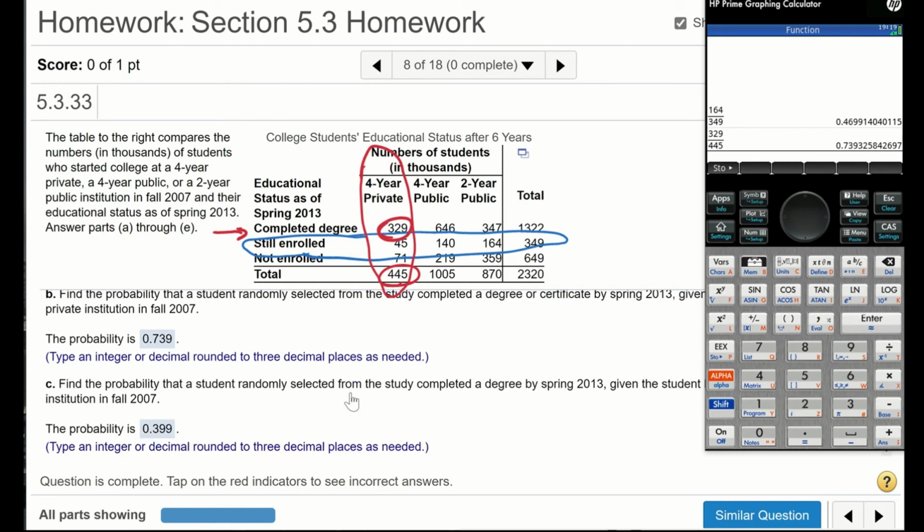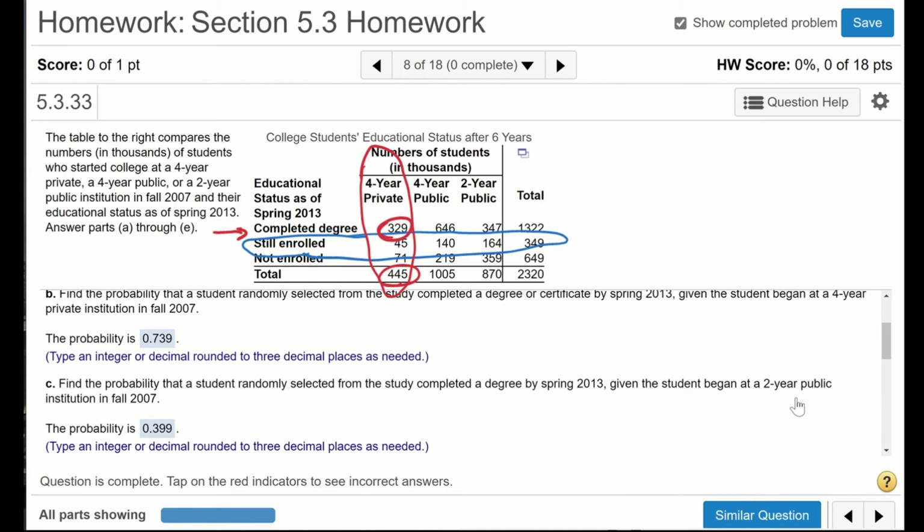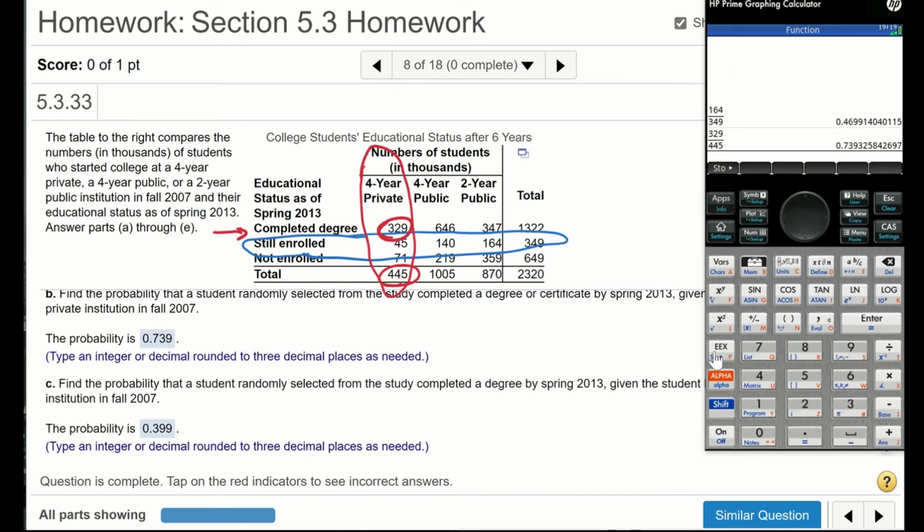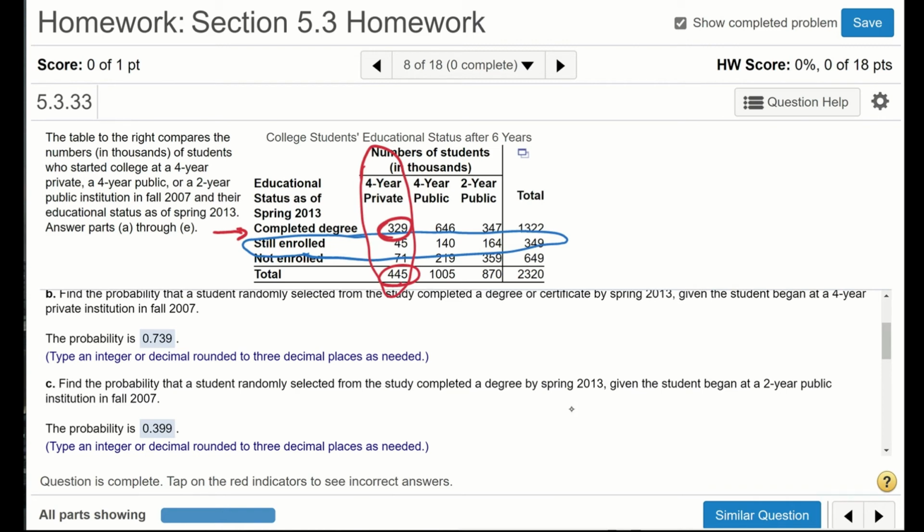Okay, so find the probability that a student randomly selected completed a degree by this date. So it starts out very similar to the previous part, given that the student began at a 2-year public institution, right? So all right, we're going to go ahead and limit ourselves this time to this 2-year public institution column.